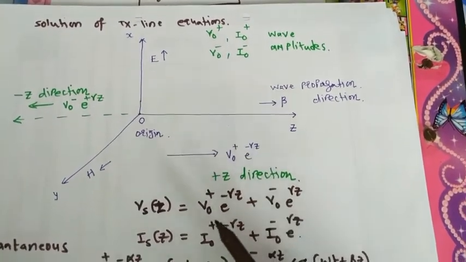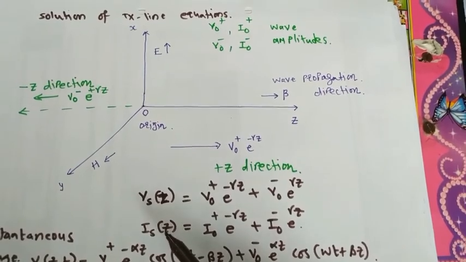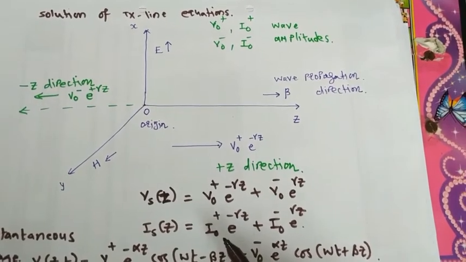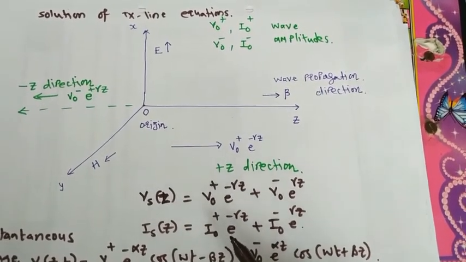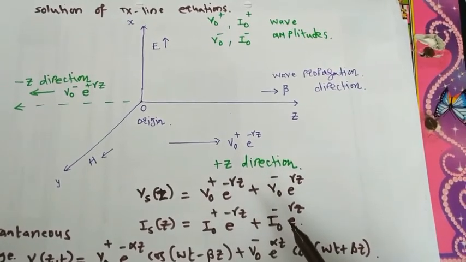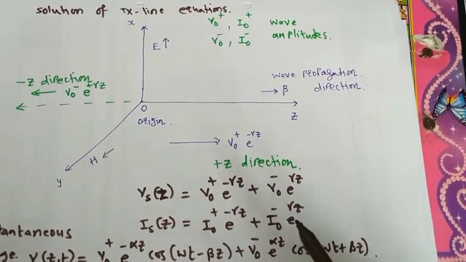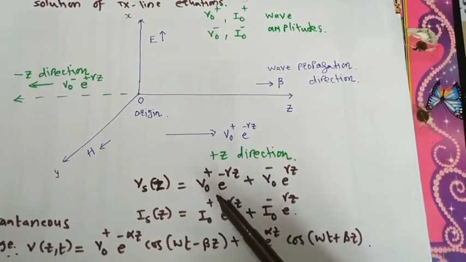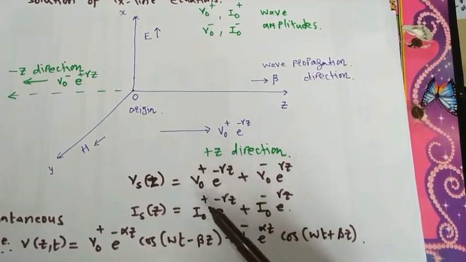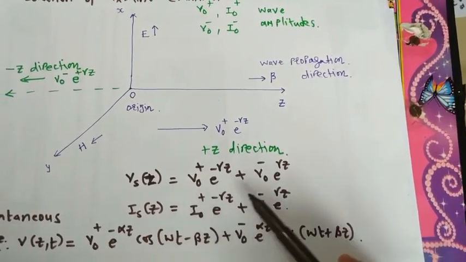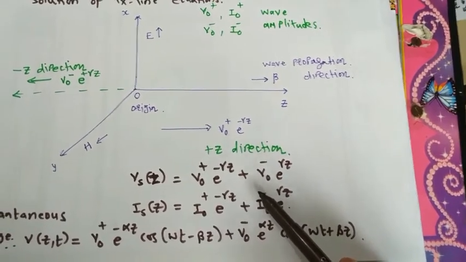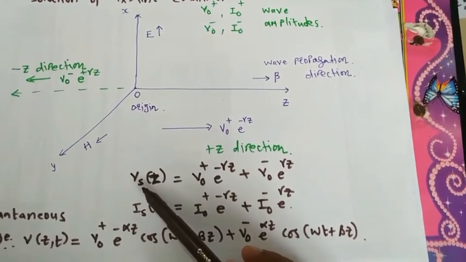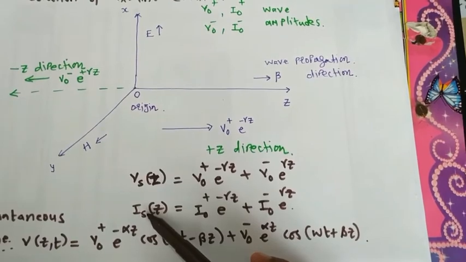In the same way, if we obtain the solution for current, the current will also have two components, one in the positive z direction and one in the negative z direction. Once we have the wave amplitude either in terms of voltage or current, we obtain the solution of the transmission line equations.